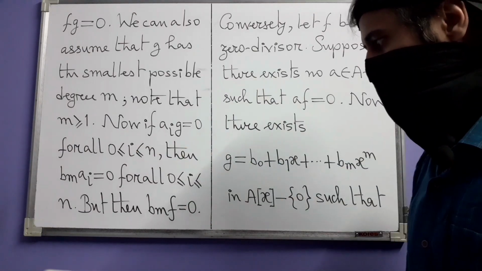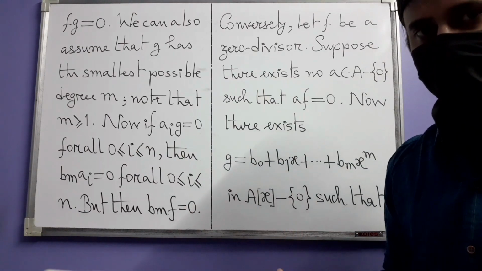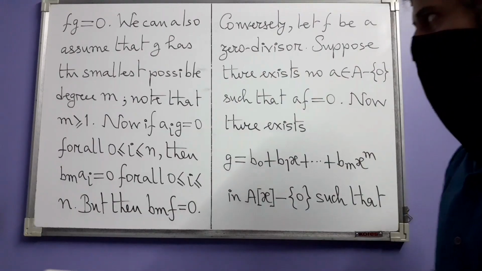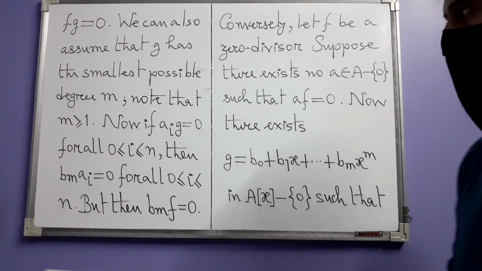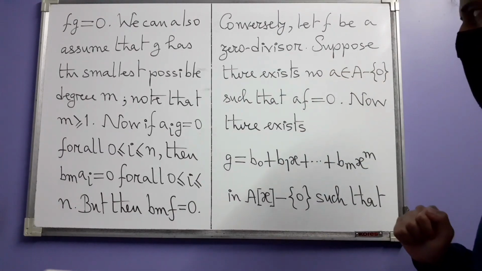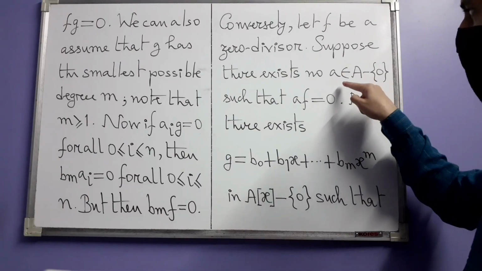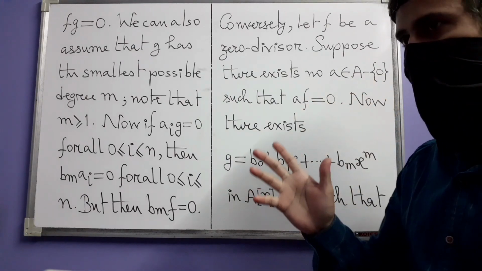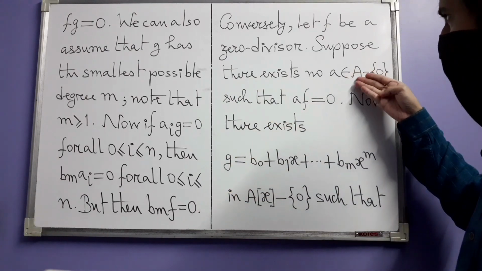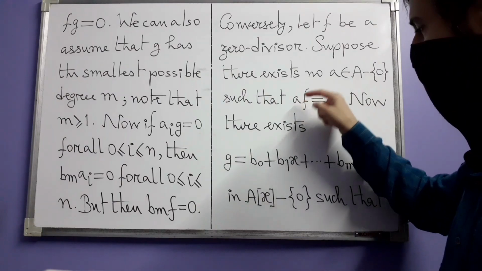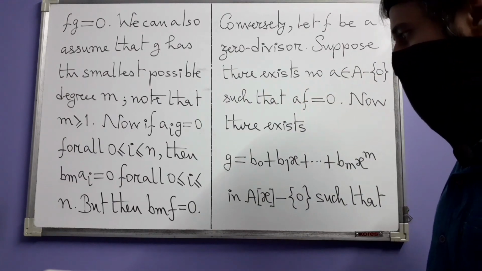If all of them are 0, then this is automatically 0. But this is the problem. Why? Because it goes against our supposition, which says that we should not find any non-zero ring element in A such that that element times f is equal to 0.